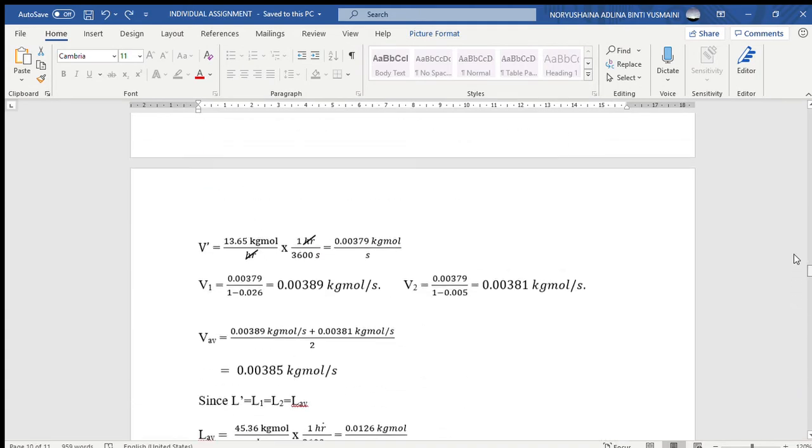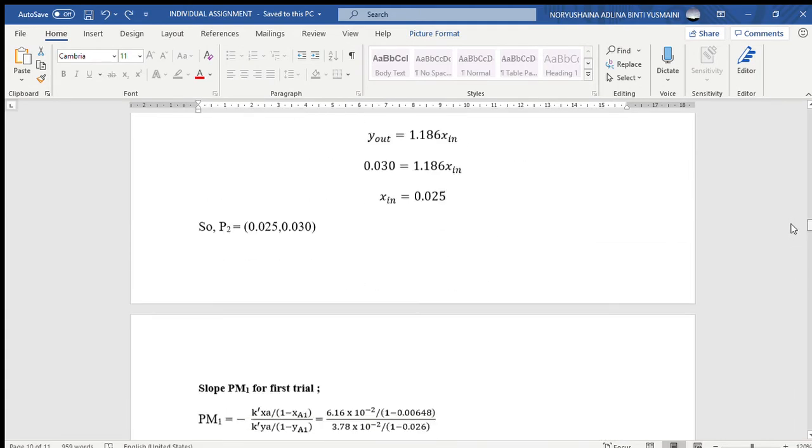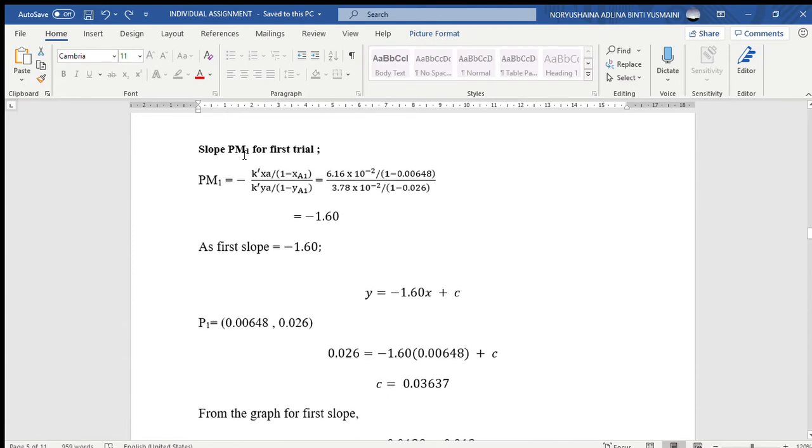After I managed to get these two lines, I continued to find the slope for the first trial. For the first trial, we are allowed to use this formula. This is not the actual formula to find the slope, but only for the first trial slope. The formula is PM1 is equal to negative K prime XA over in bracket 1 minus XA1, over K prime YA over in bracket 1 minus YA1, and do not forget the negative sign.